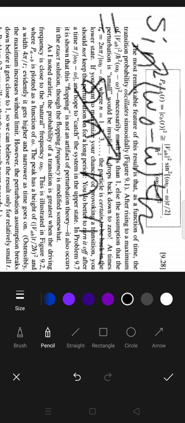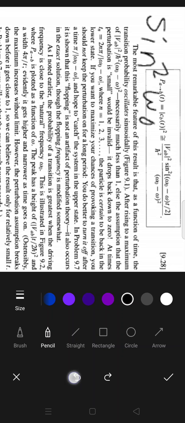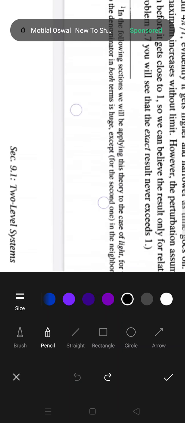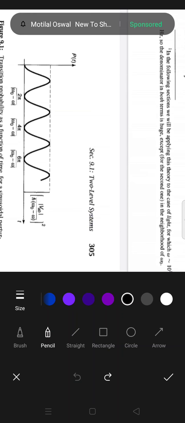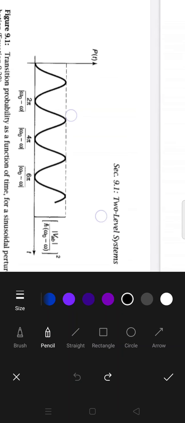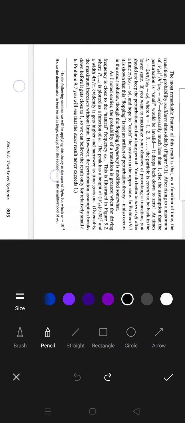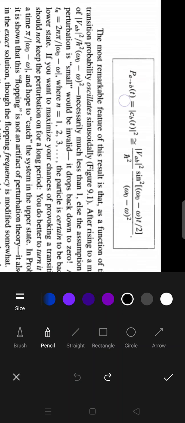So here we have the transition probability in terms of time.